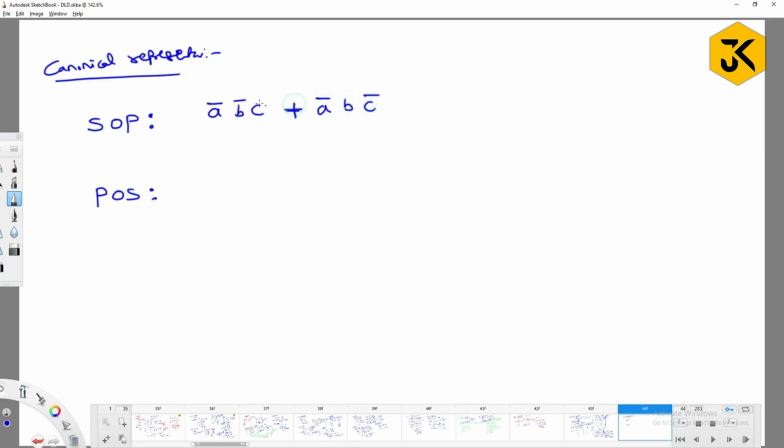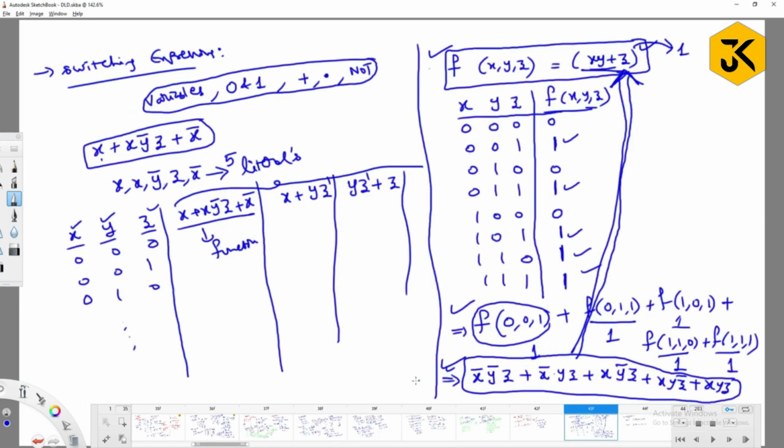These are the products. All these products I am going to sum. That is the meaning of sum of products. Products of sums: a bar plus b bar plus c, into a bar plus b plus c bar. That is the meaning of product of sums. See, whatever equation we got is what now?